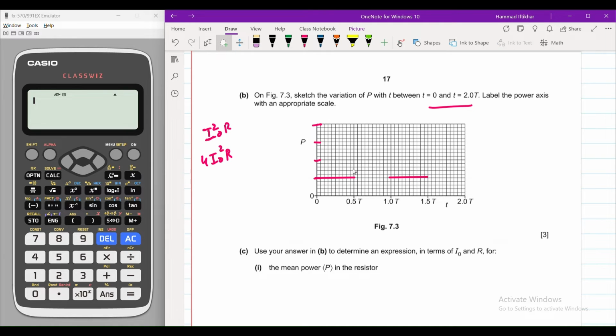Okay, all right. And then between 0.5T to 1T, and then 1.5T to 2T, this is 4 times that. So if this is I naught squared R, this is 2 I naught squared R, 3, and 4 I naught squared R. So this means that this is the fourth one. So this is the power dissipation.